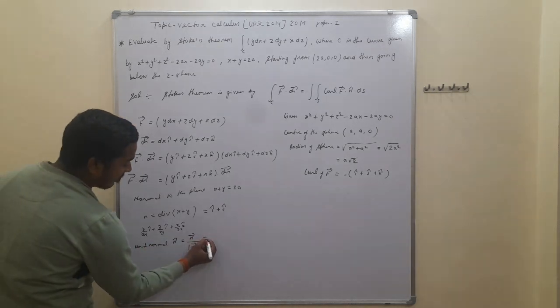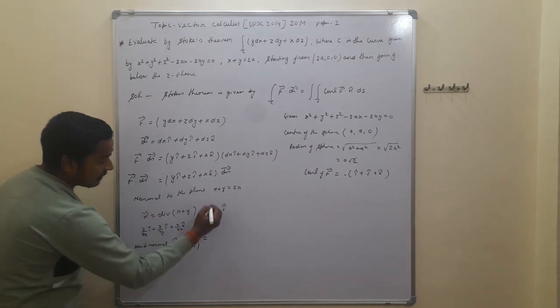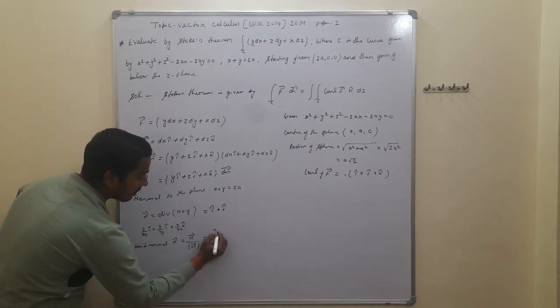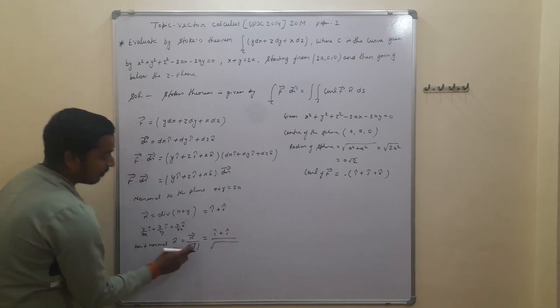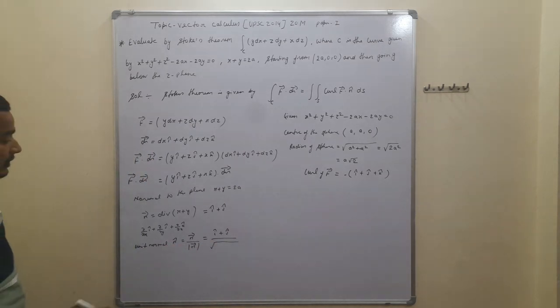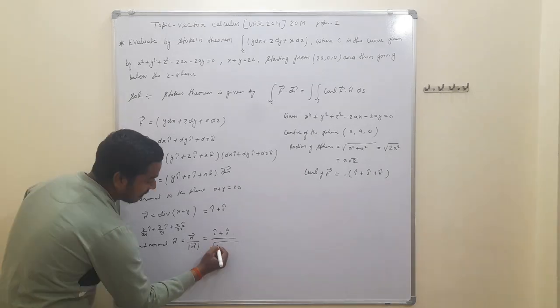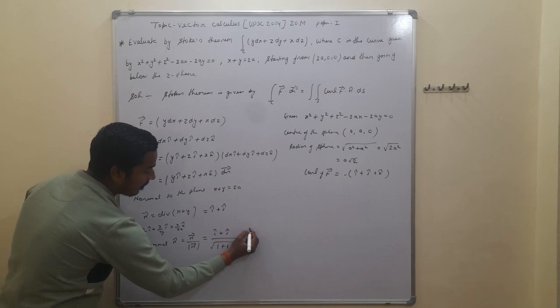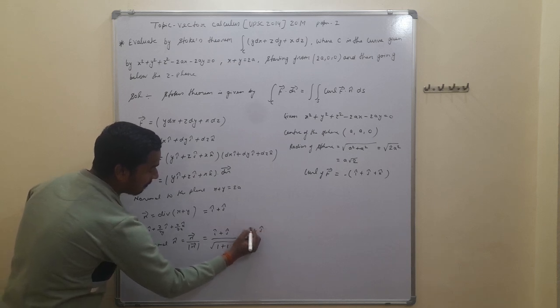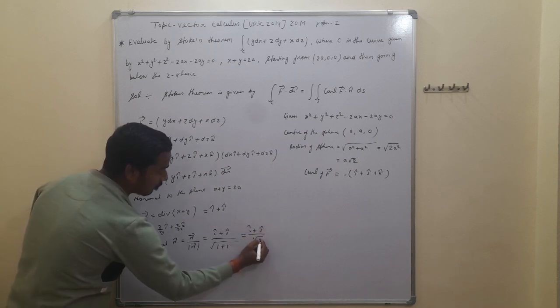Here n vector is i cap plus j cap. When finding the mod of n vector, the coefficients are squared: coefficient of i is 1 squared, and j is also 1, giving i cap plus j cap upon root 2.